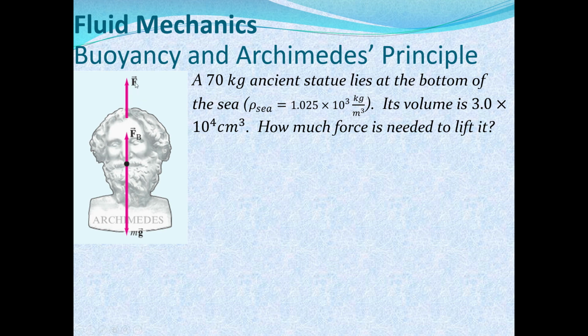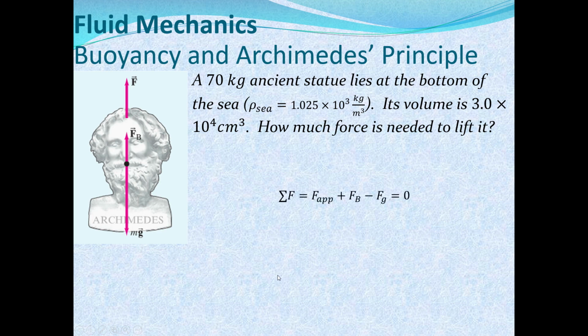We can see that we have a force here, a buoyant force also going up, and we have the weight going down. The force that is needed to lift it has to be at least equal to the difference between the weight and the buoyant force. All these forces would have to at least equal 0.